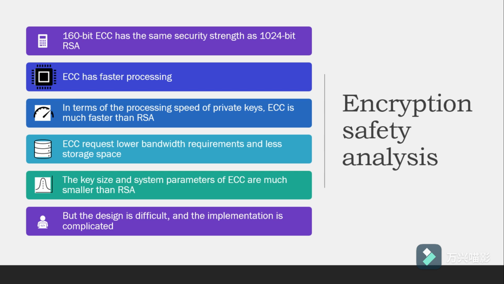ECC requires lower bandwidth and less storage space. The key sizes and system parameters of ECC are much smaller than RSA, but there is only one drawback: the design of ECC is very difficult and the implementation is complicated.